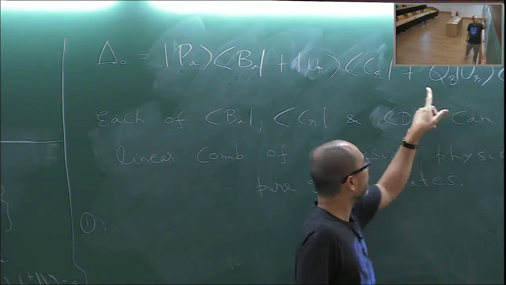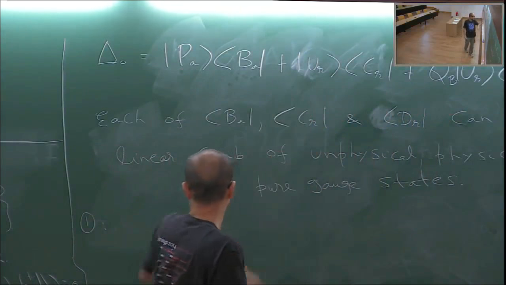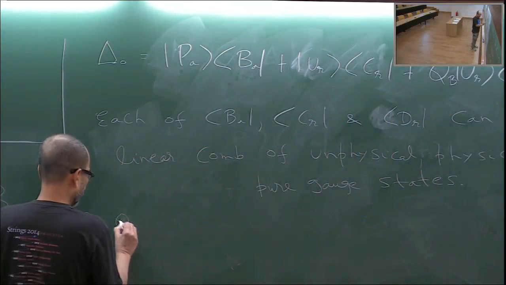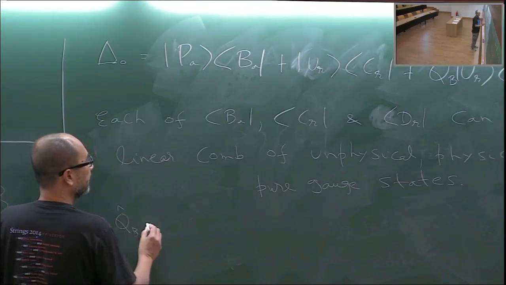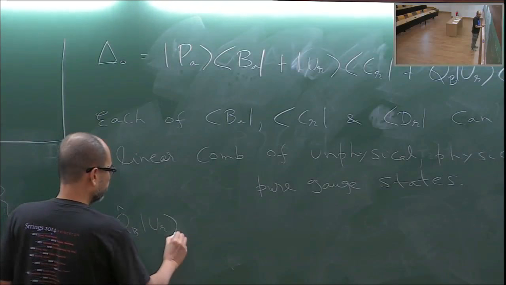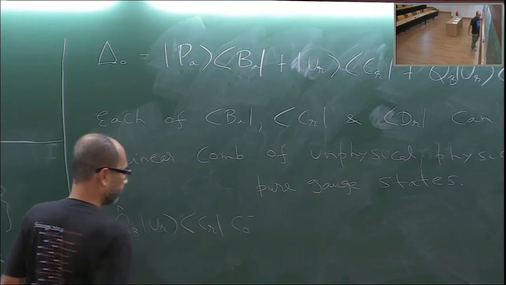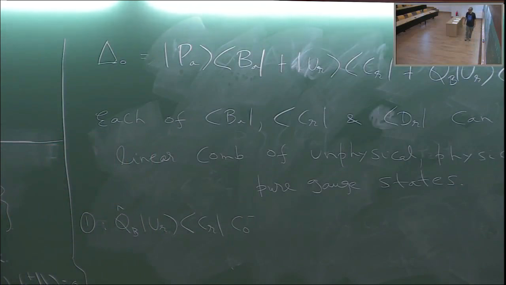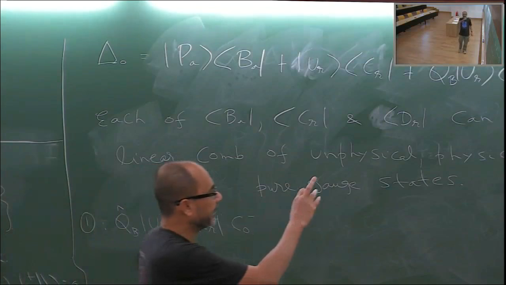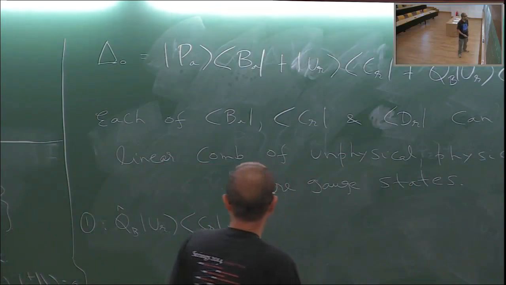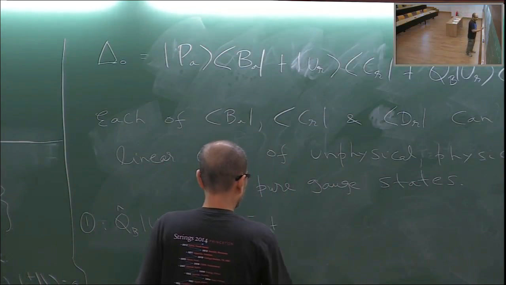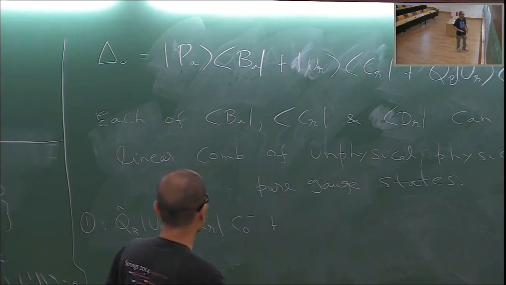So the only term that it doesn't kill is this one. So you get QB hat UR times CR, C0 minus. And then I have to write the rest of the terms, delta naught C naught minus QB tilde. So there we have no choice, you have to write the whole thing.